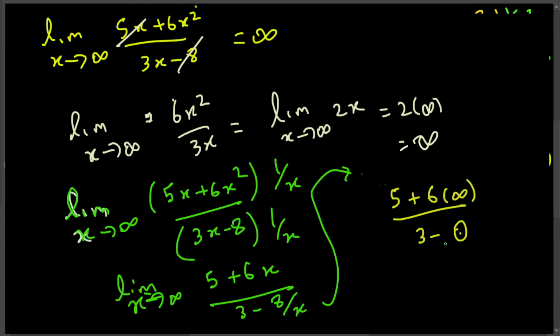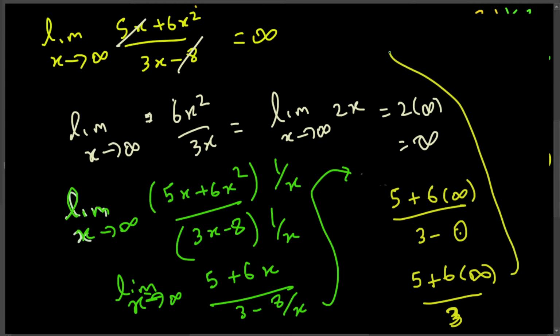This is going to be 5 plus 6 times infinity divided by 3 minus 0, so just 3 here. Okay, so 6 times infinity is infinity.